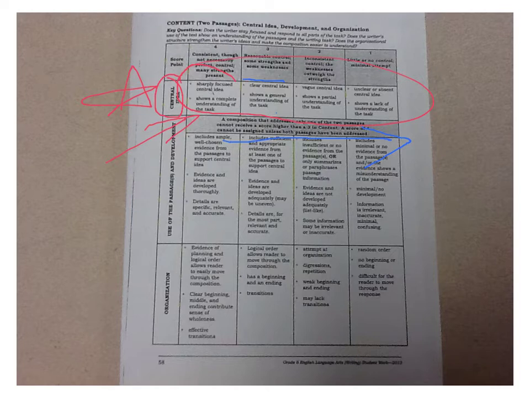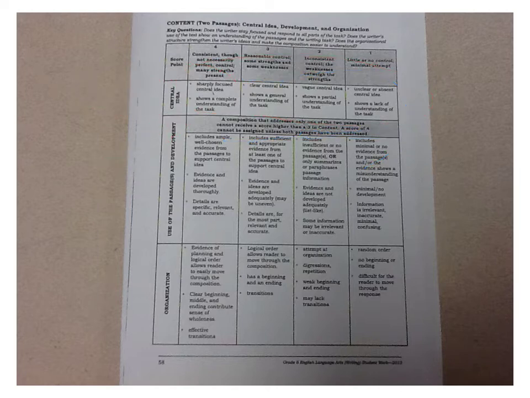And sometimes what happens is we read the prompt real quick, and we don't necessarily write on topic, and then that's where we get into this section right here. So we've just got to be careful. Make sure that we read that prompt carefully to make sure you have a good central or main idea.